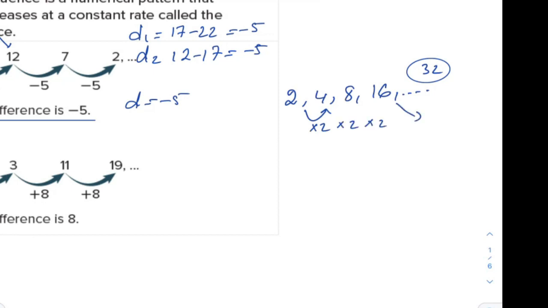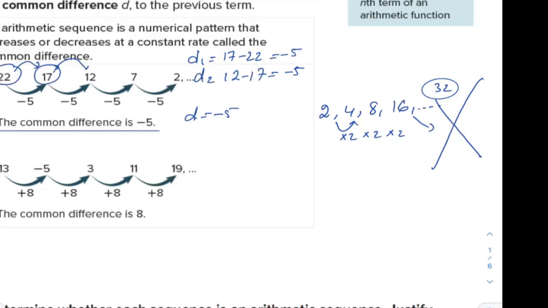So 16 by 2 is 32. However, this is not called an arithmetic sequence because in an arithmetic sequence, we only depend on the constant difference.